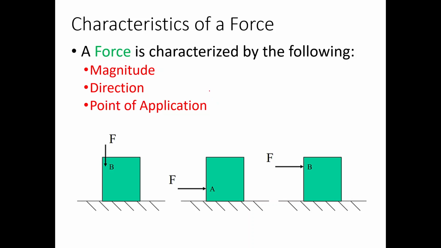Okay, so force is characterized by the following. We have the magnitude, meaning it could be a huge amount of force or a small amount of force. Then since force is a vector, of course there's a direction.